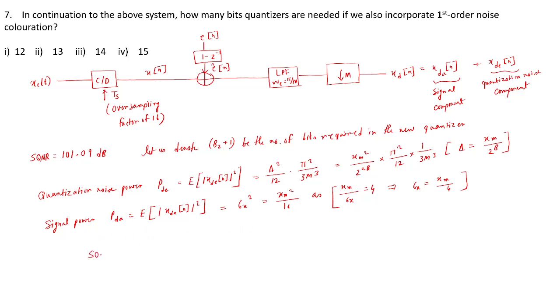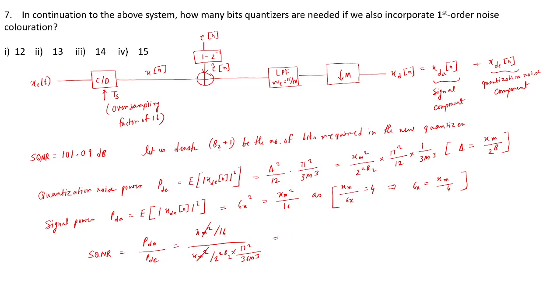Therefore your SQNR at the output is going to be P_da by P_de. It's x_m square by 16 divided by x_m square by 2 to the power 2B times pi square divided by 36 M cube. This x_m square cancels out each other. This is B2 anyway.